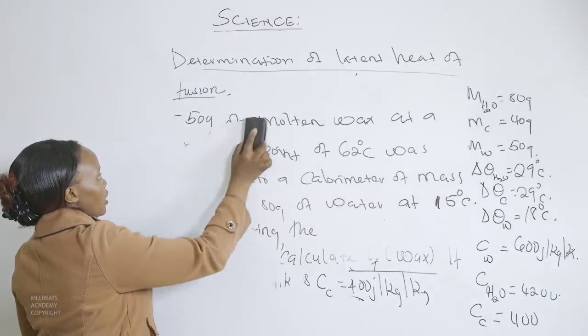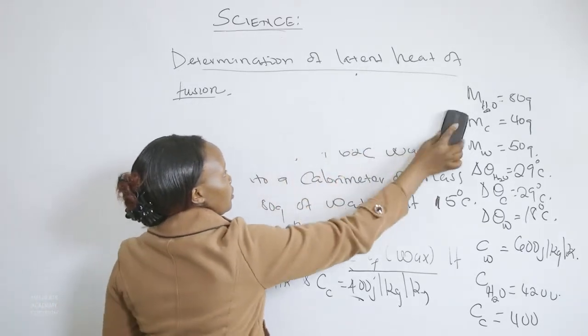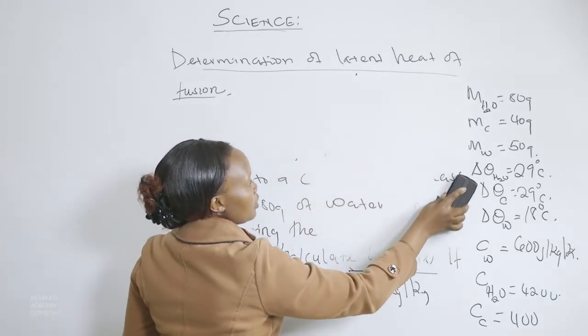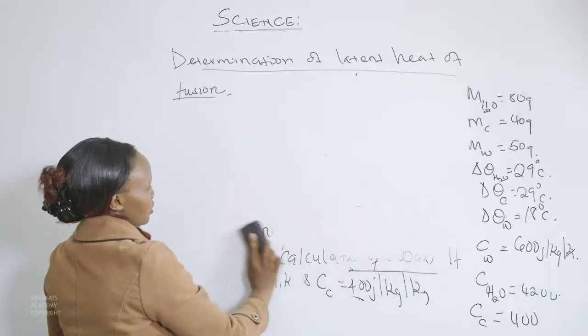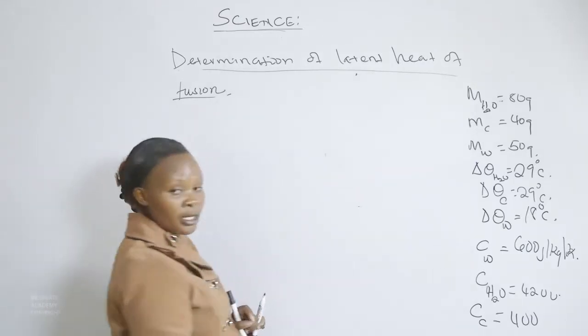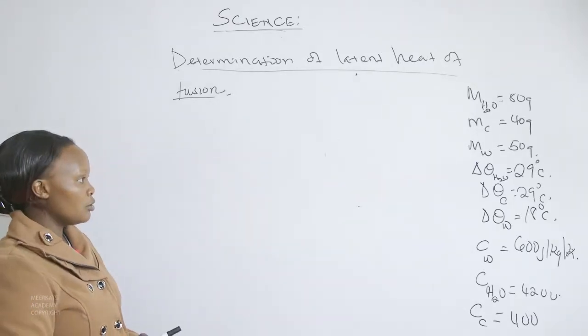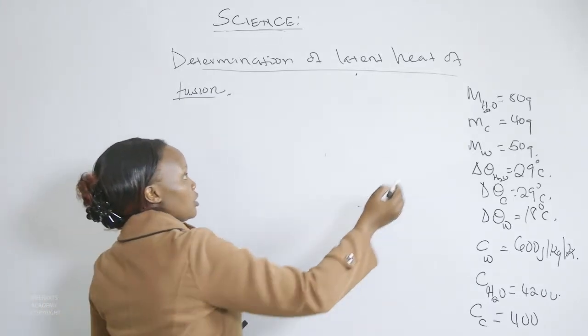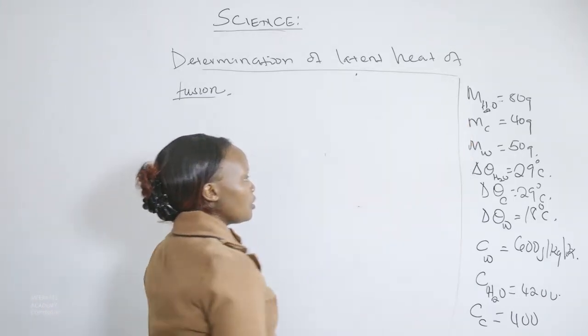Now let us try and come up with the latent heat of fusion of our molten wax using the information that we have been given.